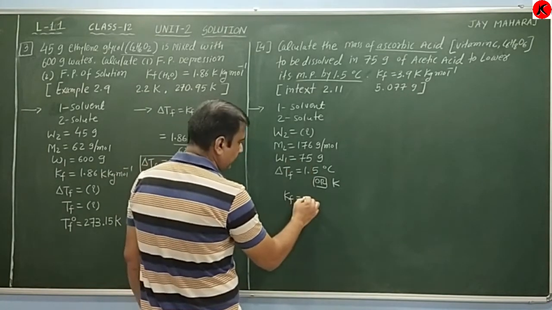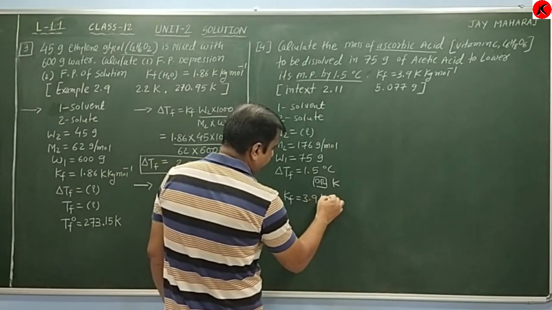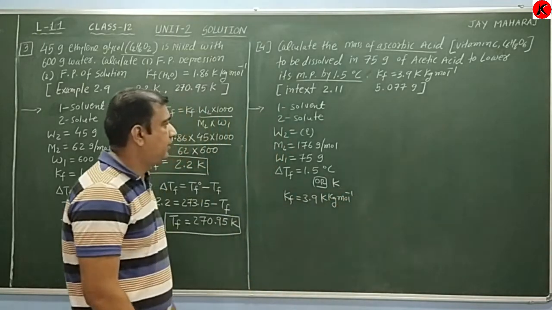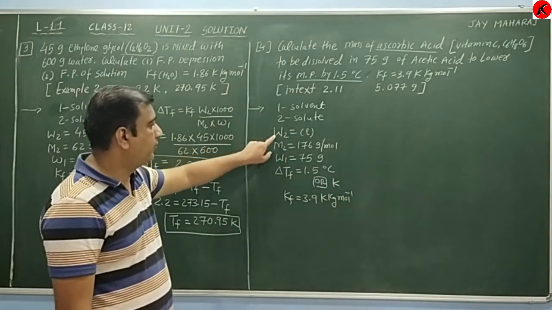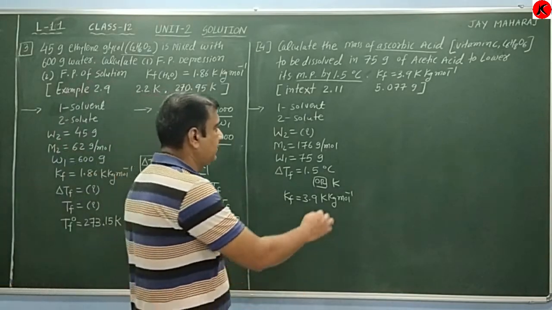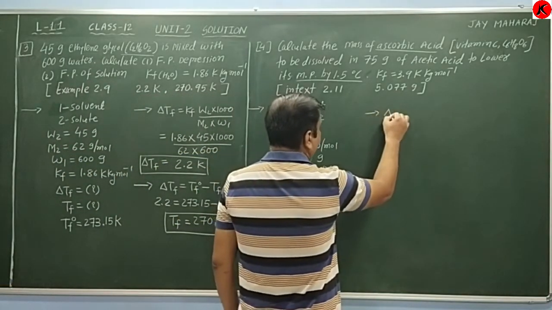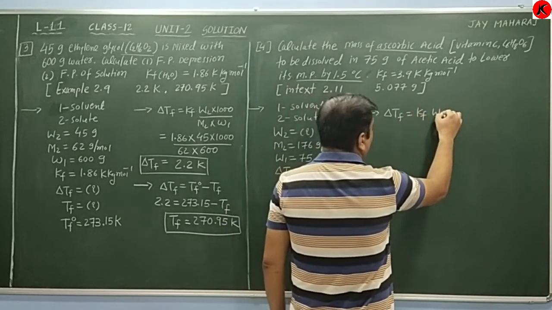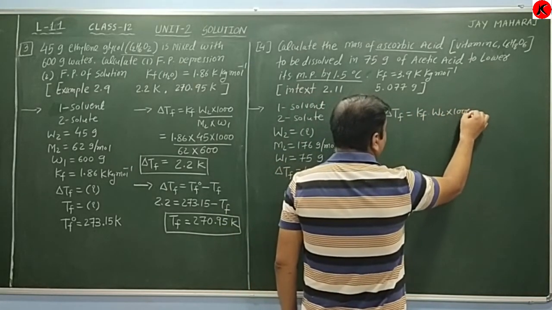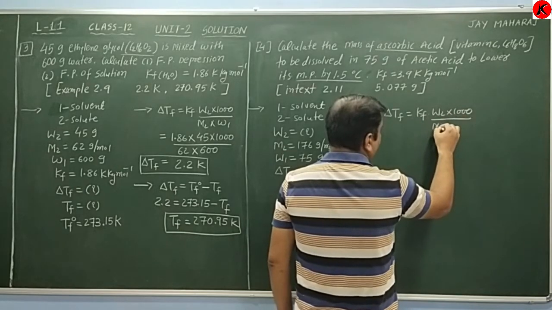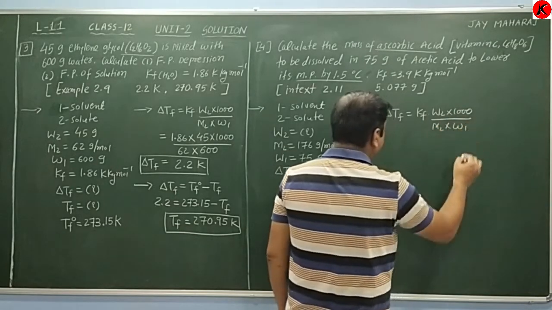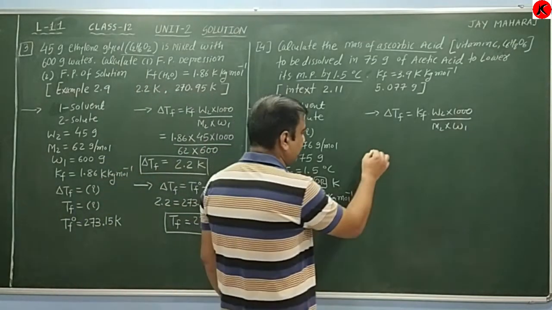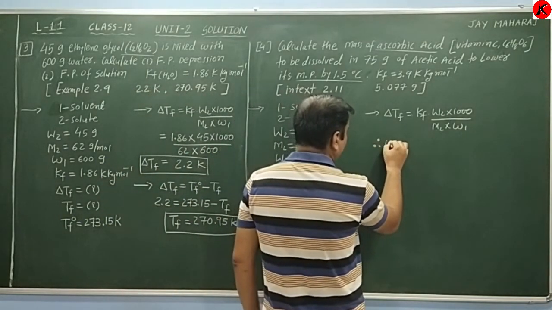So Kf is 3.9 Kelvin kilogram mole inverse. Now we have to calculate the W2. All values are given. So use this formula, delta Tf equal to Kf into W2 into 1000 divided by M2 into W1. Calculate the W2, mass of solute.